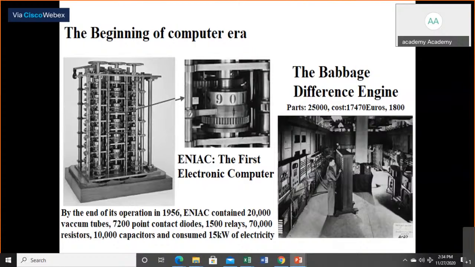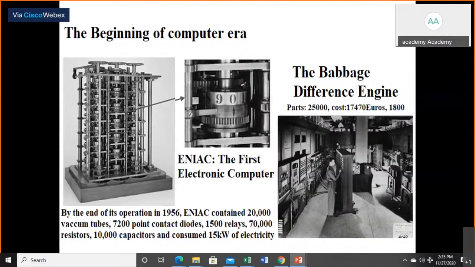You can see how complex it was when it was first introduced. By 1956, the ENIAC contained 20,000 vacuum tubes, 7,200 point contact diodes, 1,500 relays, 70,000 resistors, 10,000 capacitors, and consumed 15 kilowatts of electricity. You can see there was a huge requirement at that time.